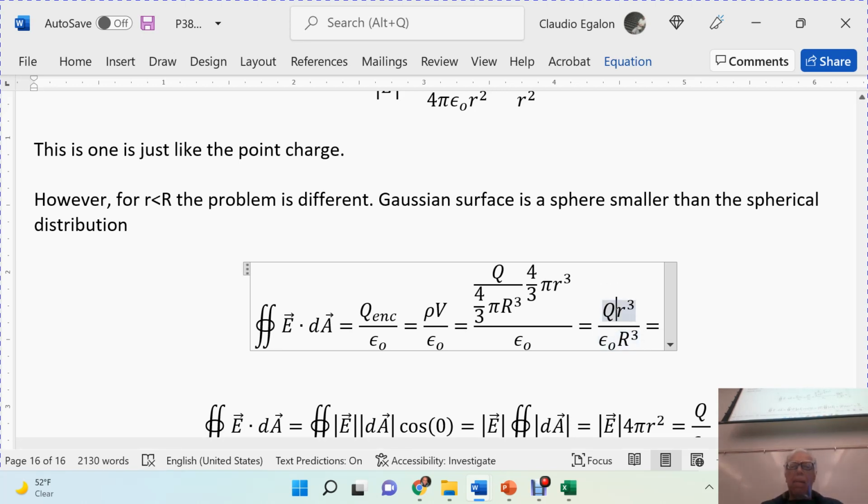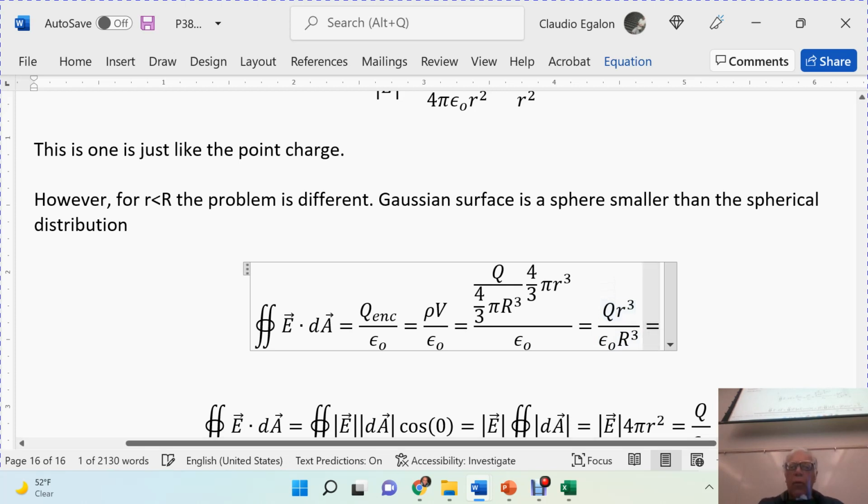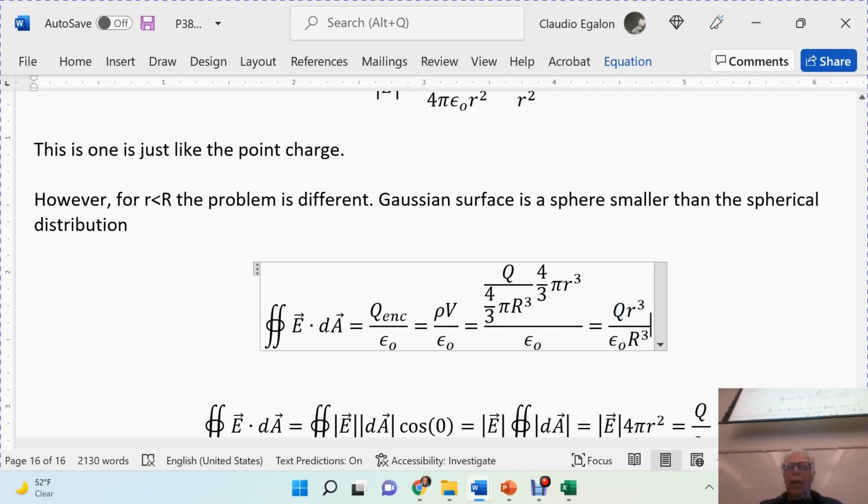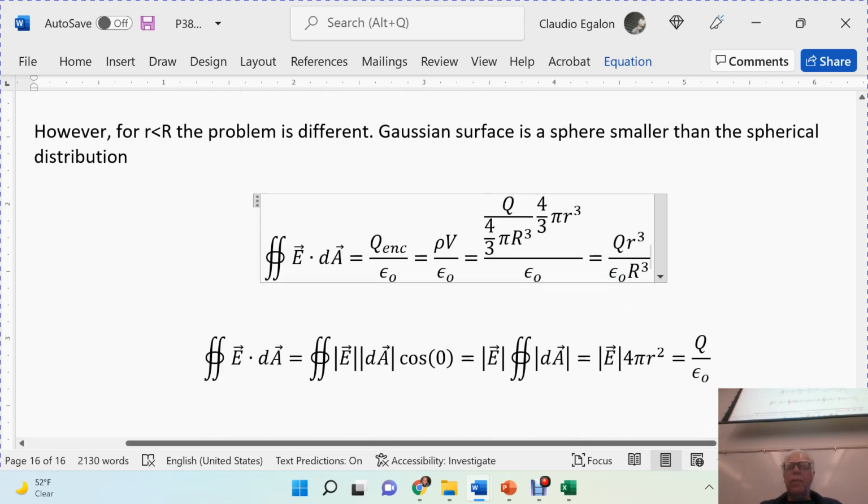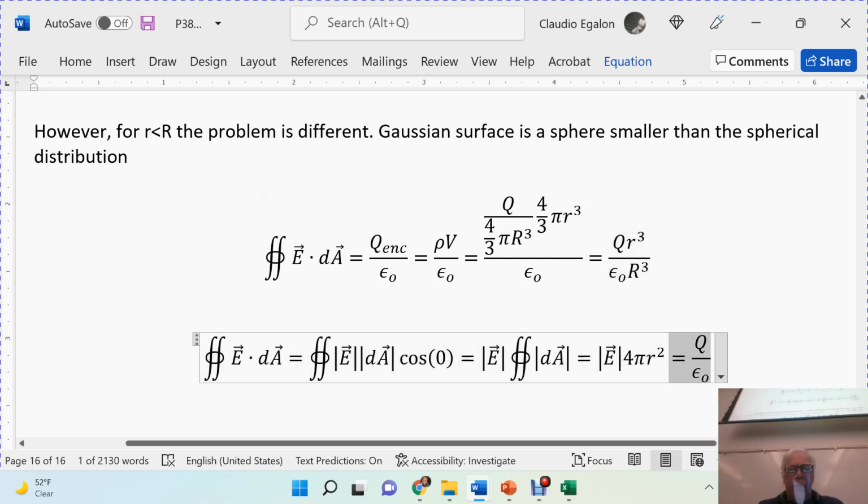That's what the right side of the equation looks like. Remember when we did the surface outside the sphere? We didn't have Q r cubed over R cubed. We had only Q, right? So what we have here replaces what you have right in here.